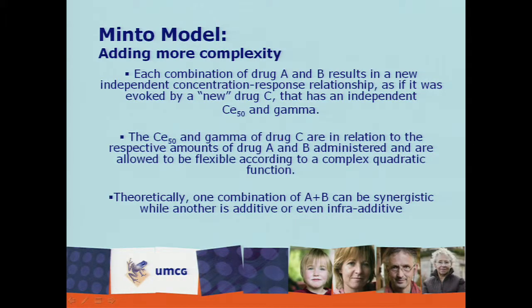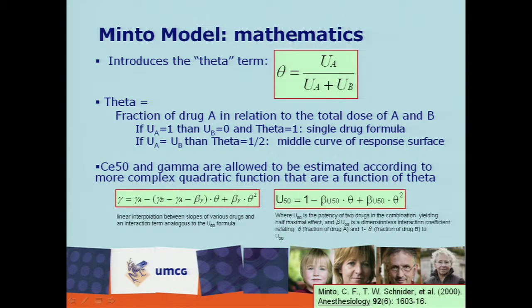So theoretically, one combination of A and B can be at a certain moment synergistic while being additive or infra-additive at another point in time. They add that flexibility by introducing a theta term in their formula, which gives you a better idea of the interaction at each level.